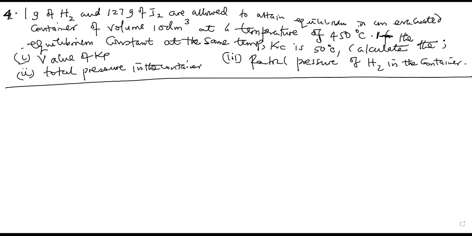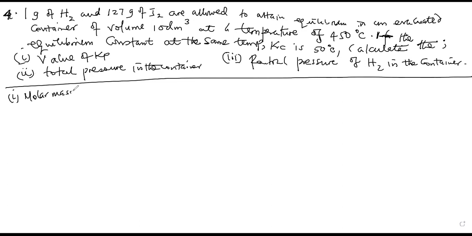Okay, so we are given masses of hydrogen and iodine. So we need to first get moles, all right? To get moles, we need molar masses.